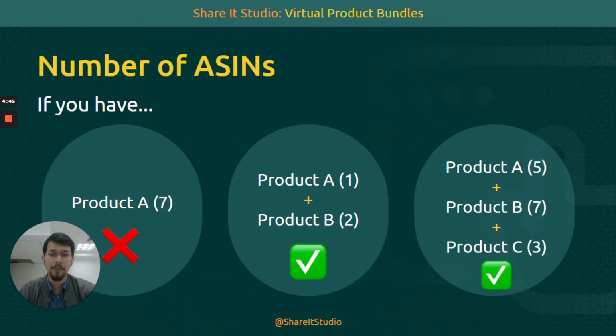Now, here are some examples of the cases in which you'd be able to make the virtual product bundle. If you have just one product, but say 7 units of that product, you won't be able to make the bundle because it's just one ASIN. If you have, for example, 2 products and 1 unit of each product, you'll be able to make the bundle.